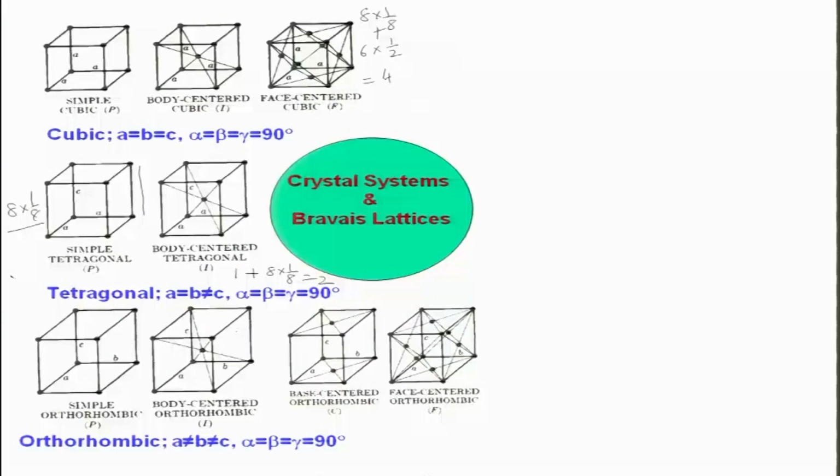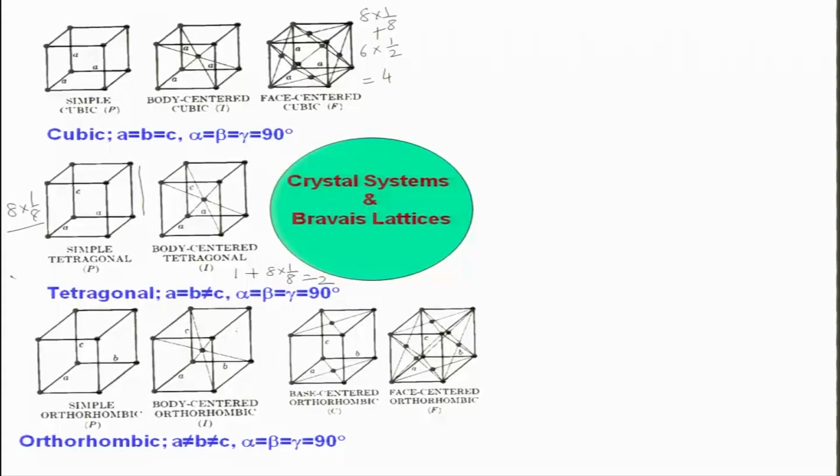I can ask a question, why do not we have a face centered tetragonal, and we will answer those questions later on. There are crystallographic reasons, symmetry related reasons which do not permit the formation of a face centered tetragonal lattice. So, in case of tetragonal, there are only 2 distinct possibilities, simple tetragonal and body centered tetragonal. This is primitive and this is non primitive.